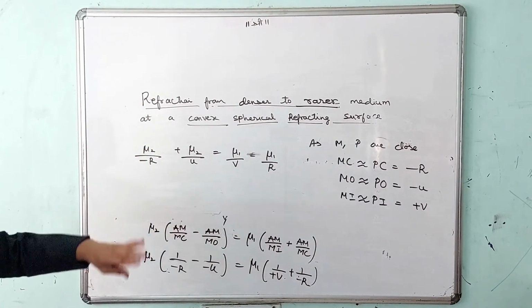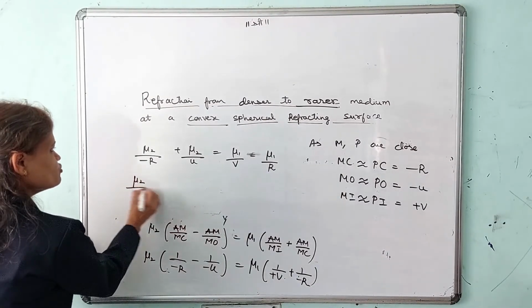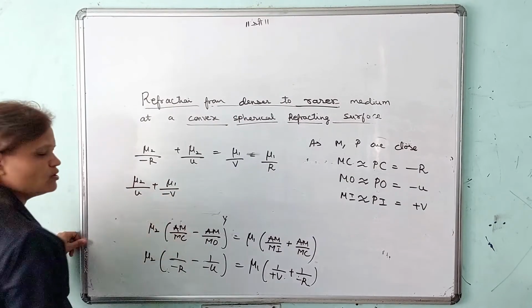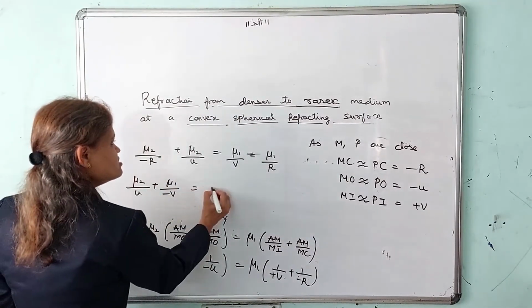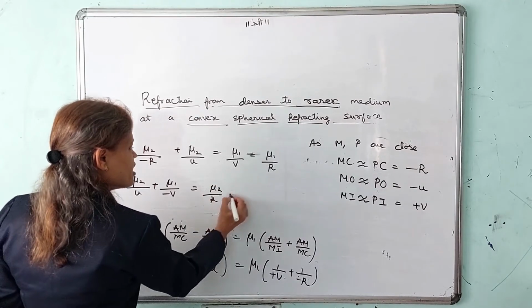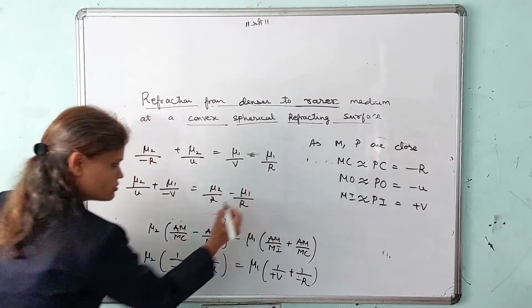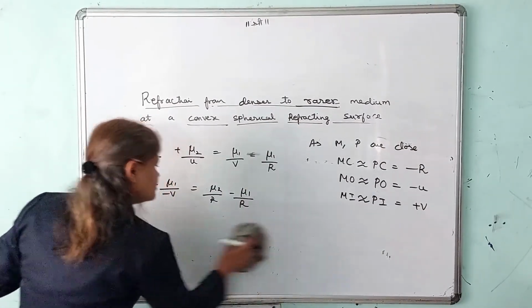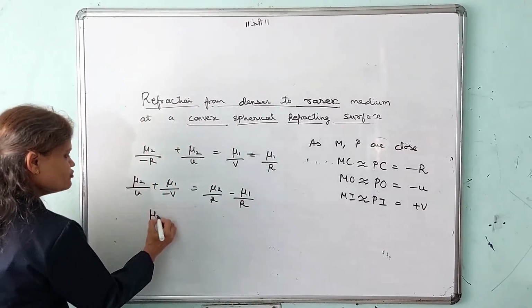I'm going to take the r term to that side. So we have mu2 by u plus mu1 by minus v, or minus mu1 by v, is equal to mu2 by r minus mu1 by r. Just shifted the r term to the right side. Then we are going to get the final formula.